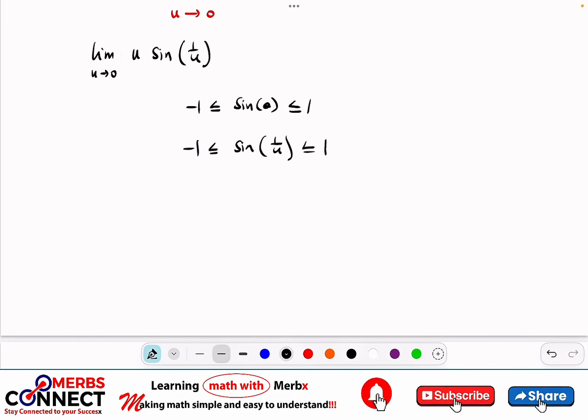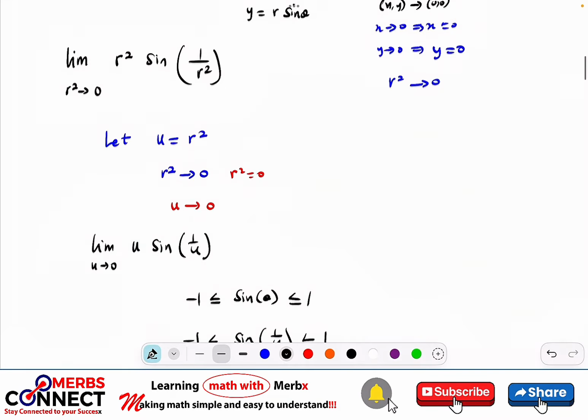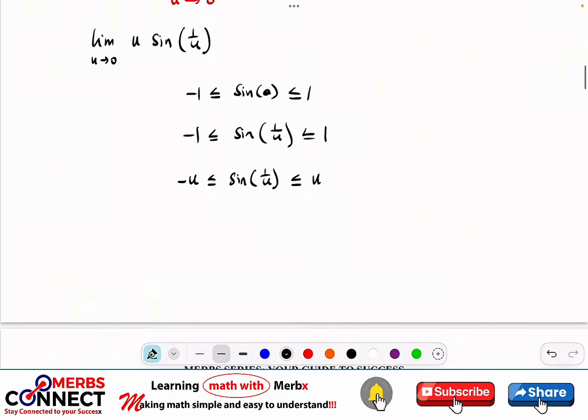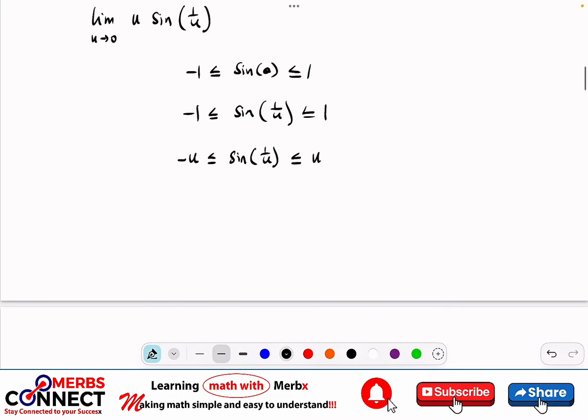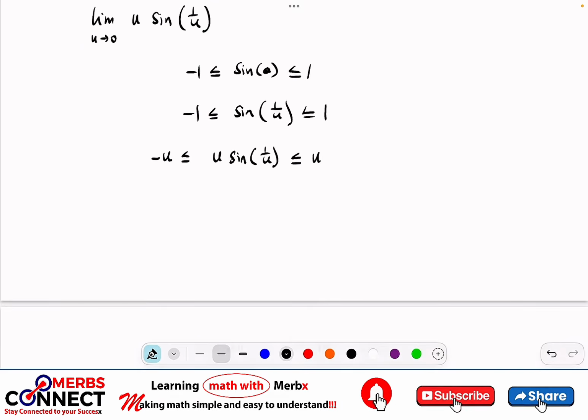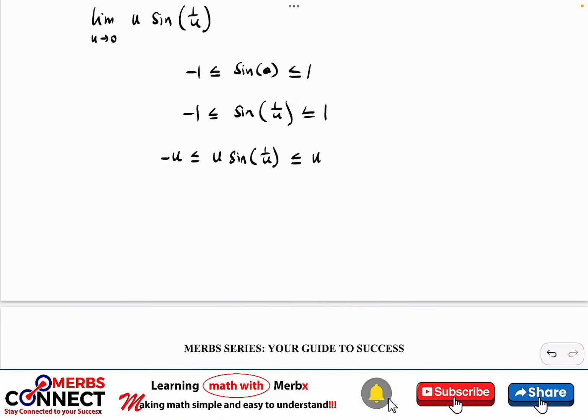So multiplying through by u gives us minus u less than or equal to u sine of 1 over u, and then this is less than or equal to u. I hope this is right. Of course, this is right. I think I need to multiply the middle by u, sorry. So the middle should be with u, and then we have this.